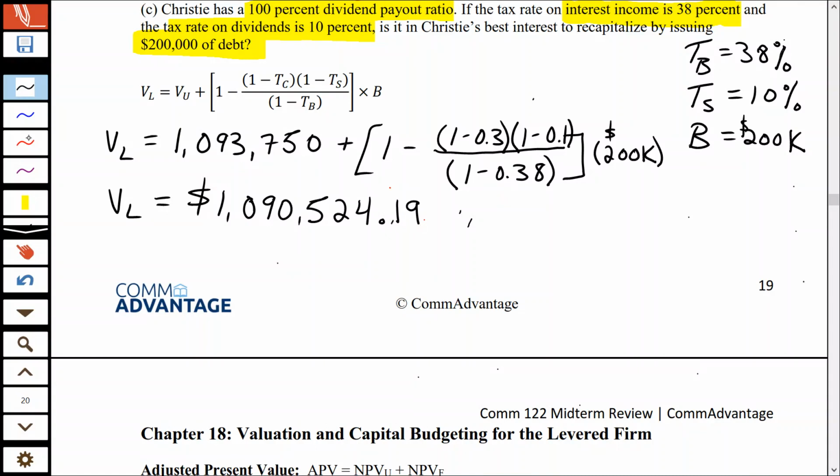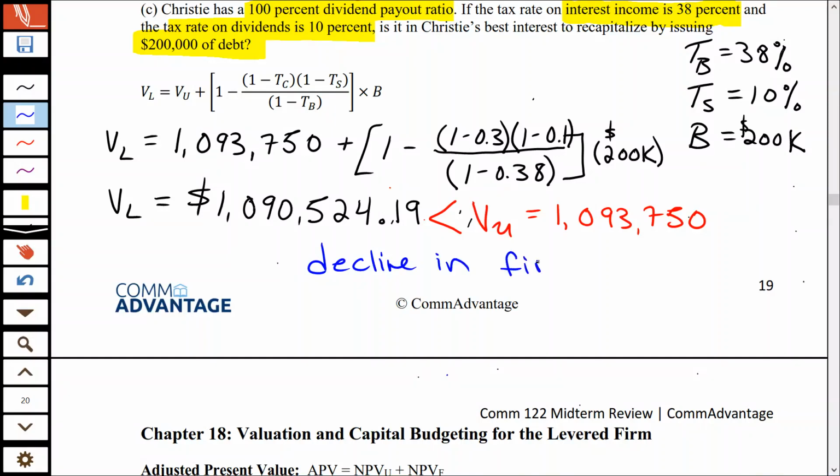Now the problem here, of course, is that this is less than VU, which was equal in part A to $1,093,750. And so by adding debt to the capital structure in this instance, the value of the firm has declined. So there is a decline in firm value.